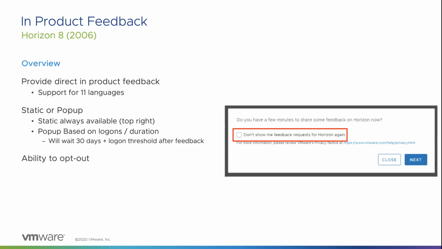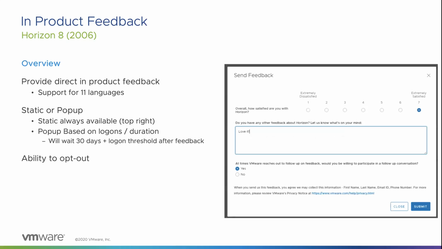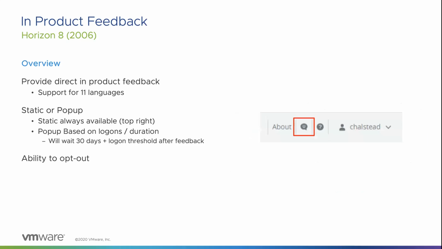If you don't want to ever see it again, you just hit that little checkbox, and you'll never get prompted again. If you answer it and submit it, then I think every 30 days you randomly receive a little pop-up to provide feedback. But you can also click that little message box icon in the top right corner, and it'll bring up the same thing, so you can provide feedback.